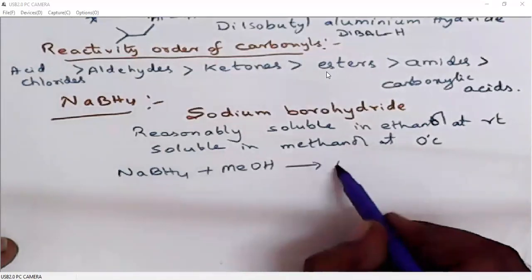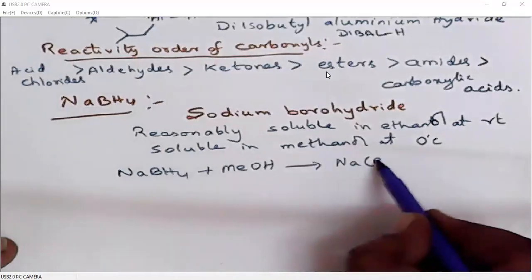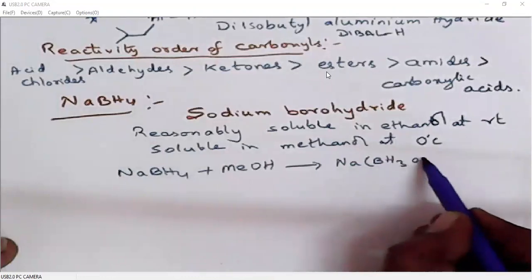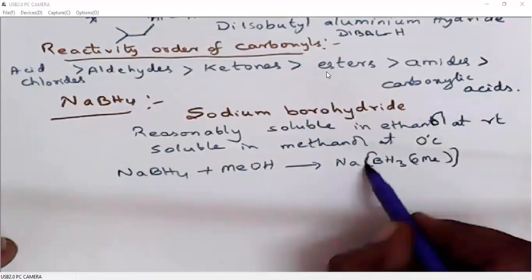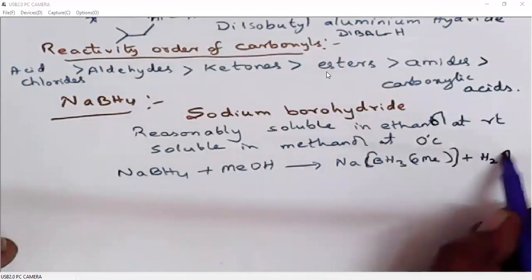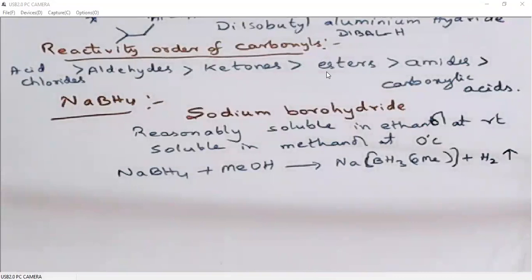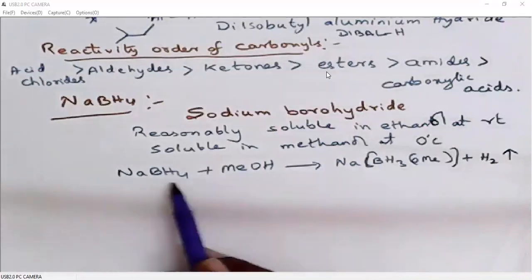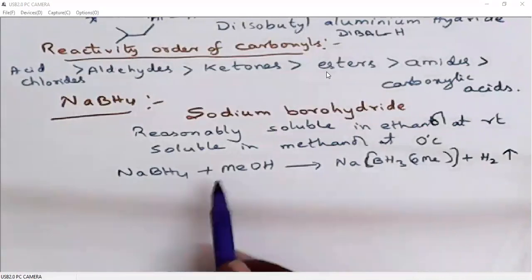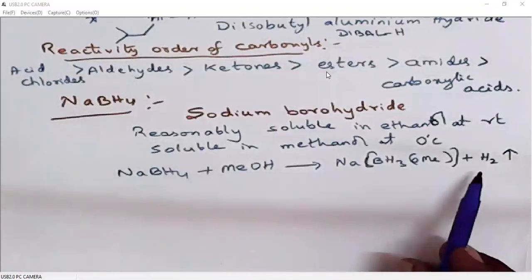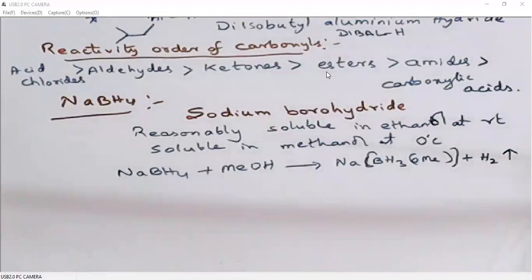Whenever we do these reactions, we can clearly observe the evolution of hydrogen gas, like bubbles and effervescence coming out of the solution. The H minus and the H plus from protic solvents evolve as hydrogen gas, which we can easily observe during any reaction.